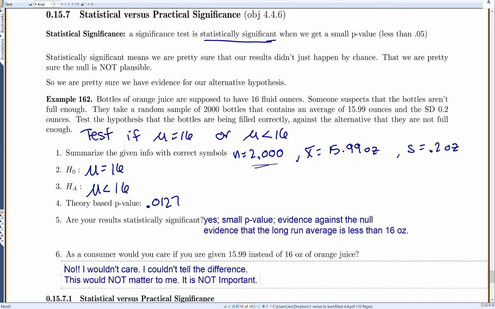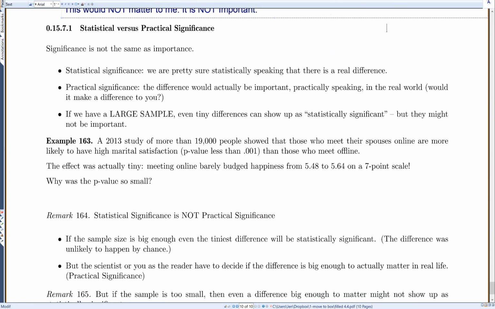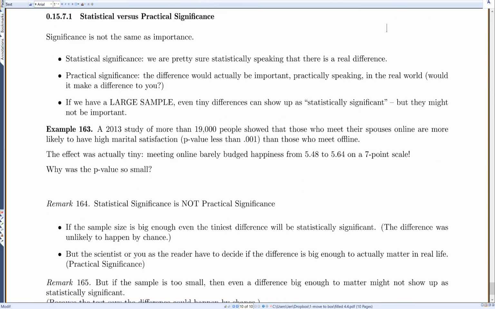That's not actually important. And so in statistics classes, we talk about something called statistical versus practical significance. Significance is not the same thing as importance. Statistical significance means we're pretty sure, statistically speaking, there's a real difference, like I went from 16 ounces to 15.99 ounces. When we say sure, we can make mistakes, but we're sure that our population mean mu is less than 16 ounces.